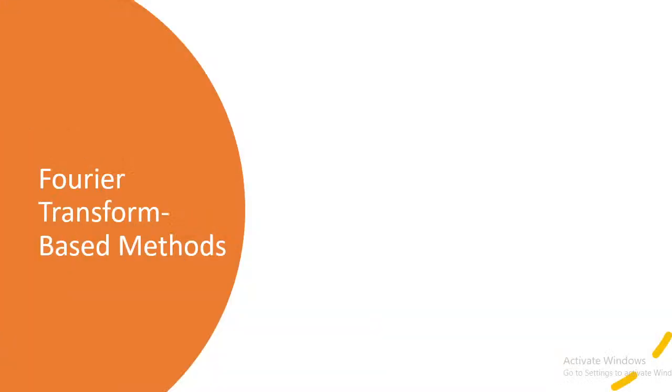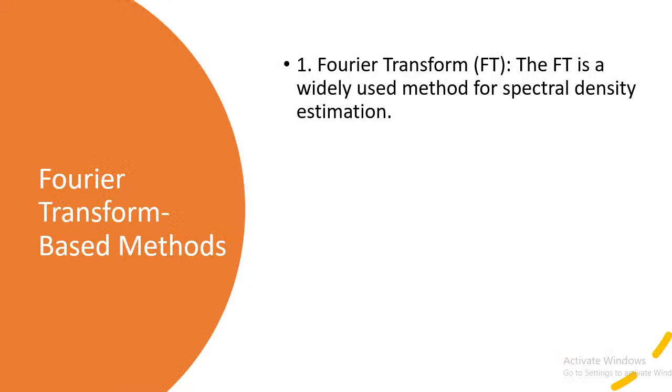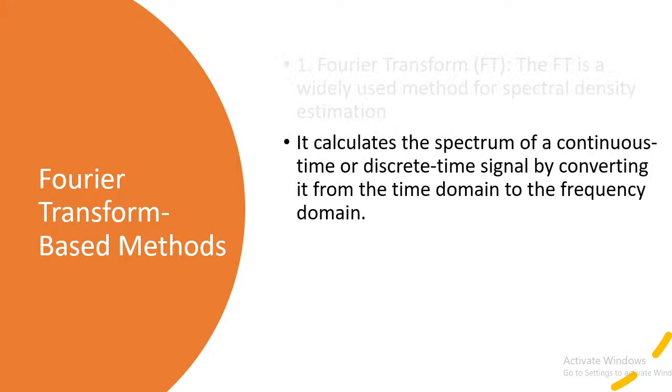Now, how will you measure them? Measurement techniques use Fourier transform based methods. Let us start with these, because in both cases we are taking the Fourier transform. In one case we are taking the Fourier transform of the signal, in the other case it's the autocorrelation function.